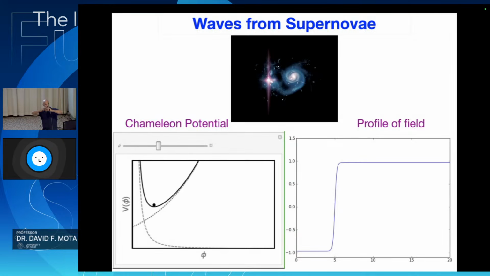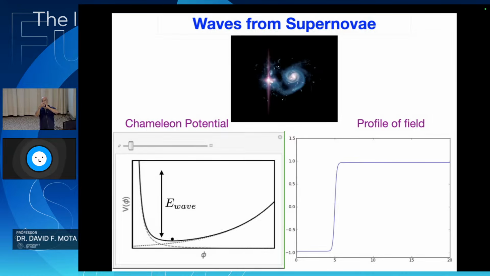All the matter is distributed very quickly throughout the universe, so the chameleon goes from this minimum to that one extremely quickly, and a wave is created. In a fraction of a second, all the matter from the supernova disappears, so the chameleon field jumps from one minimum to the other.